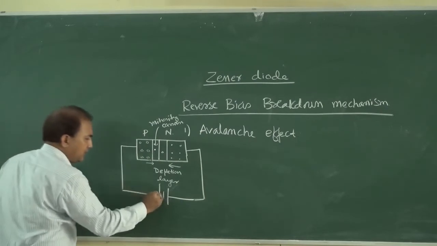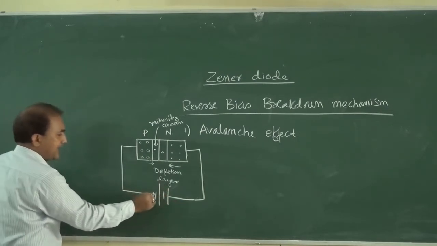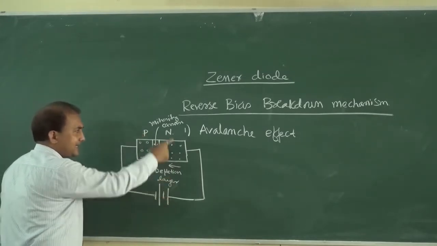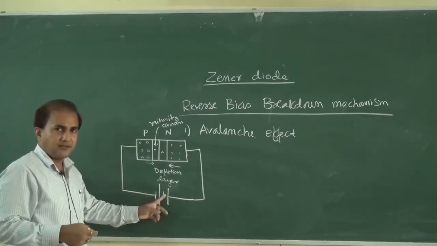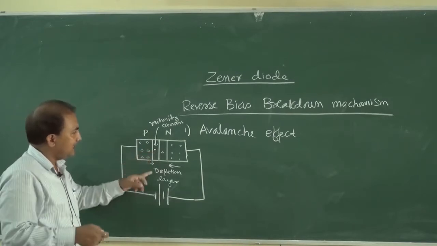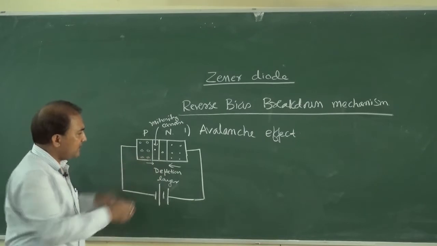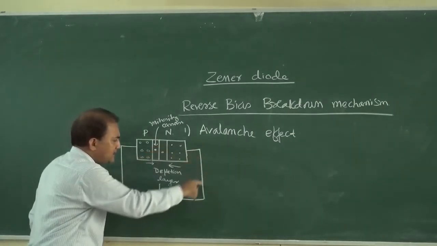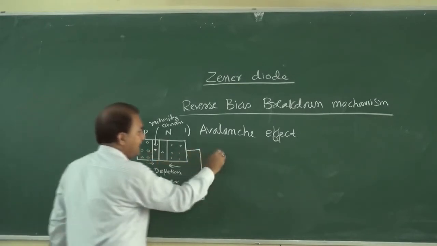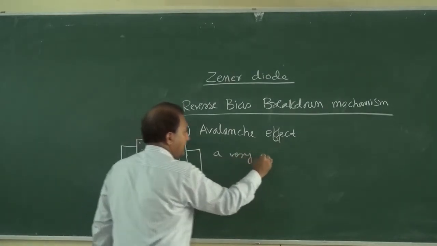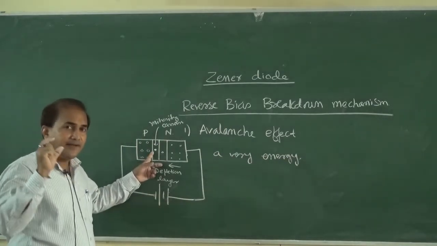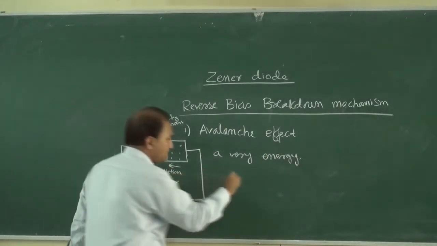Now, due to the reverse bias, the negative terminal of the battery is connected to P type and the positive terminal to N type. The electrons, which are minority carriers in the depletion layer, will be attracted towards the positive terminal of the battery. This electron gains a very high amount of energy and moves very fast.